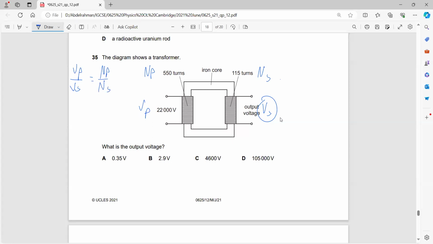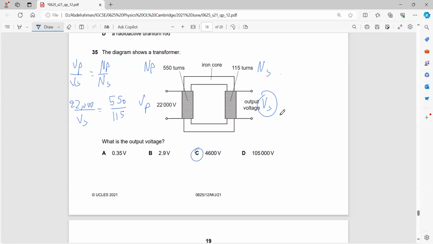We can cross multiply. VP is 22,000 over VS, NP is 550 over 115. Cross multiply, and it would be C.